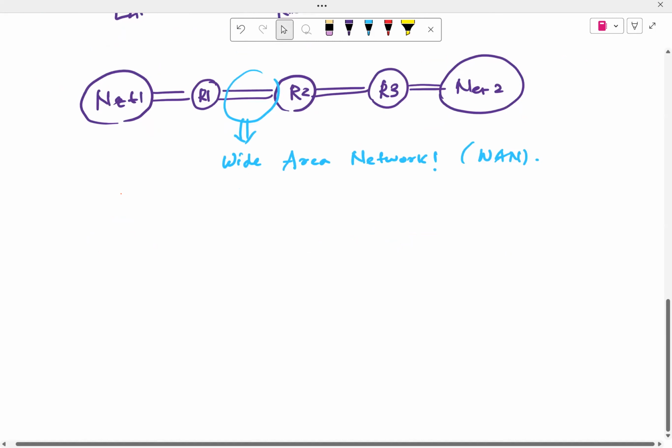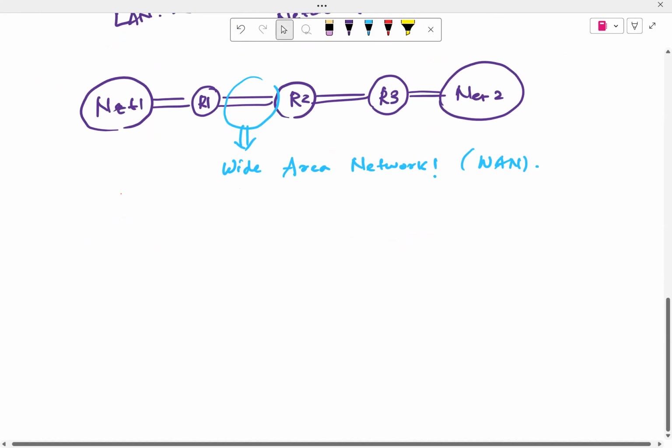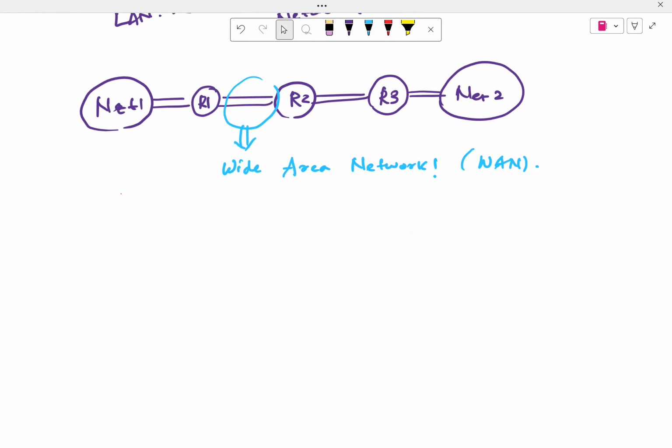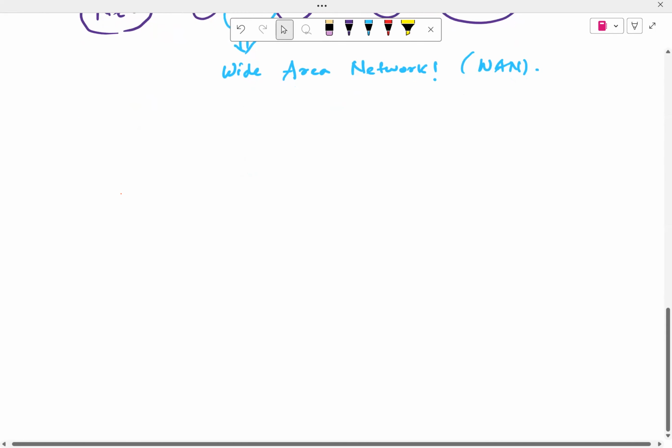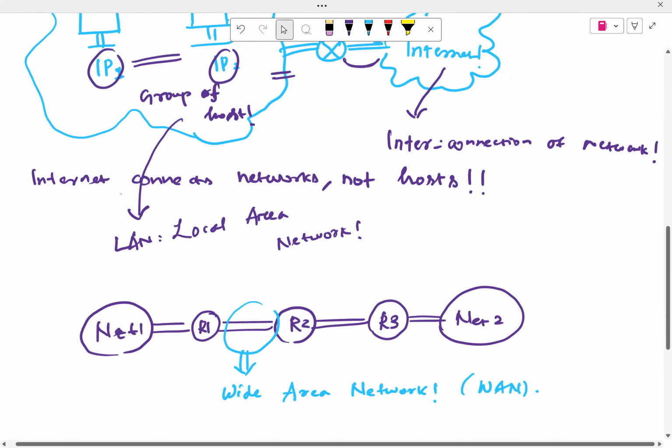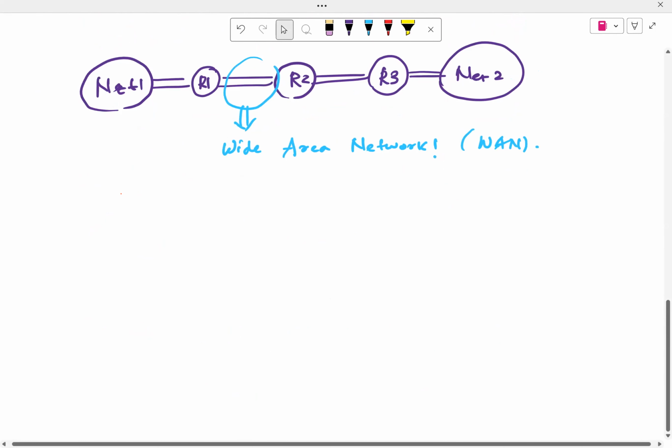So anyway, whenever you are discussing a network, you start with IP addresses.